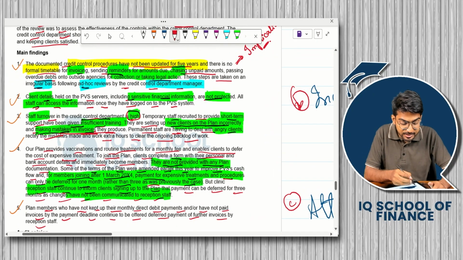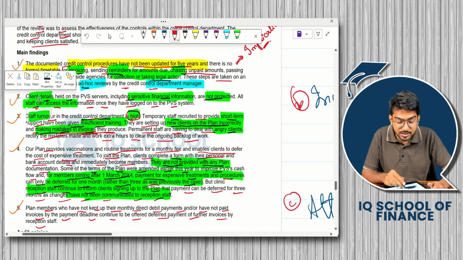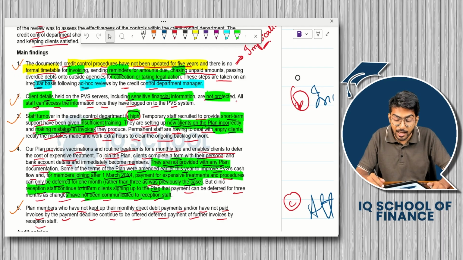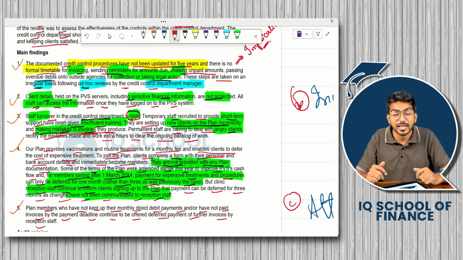The number 2 point is that the client details held on the PVS servers, including sensitive financial information, are not protected. So what can happen? The issue is that these are not protected. They can be exposed to a cyber security attack, cyber security theft or hacking. These kinds of things or viruses could attack them, and this data could be misused by any person outside the organization.